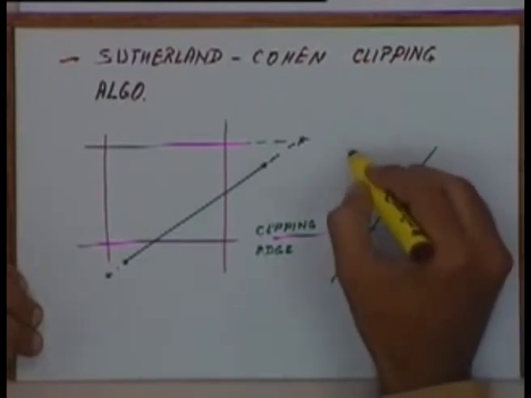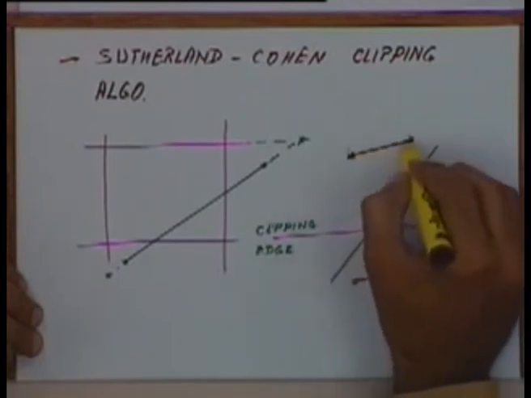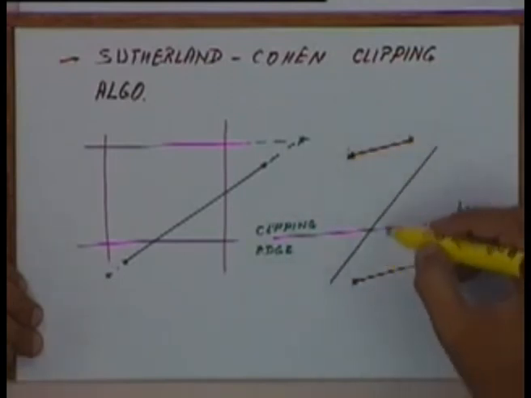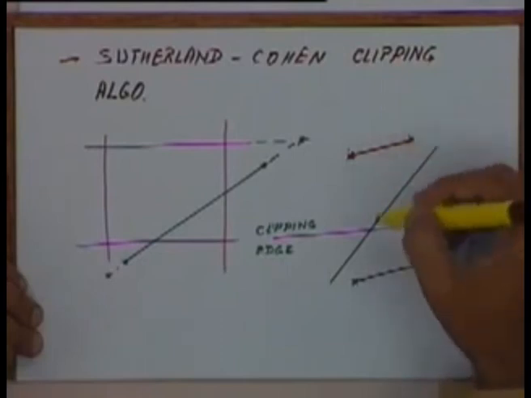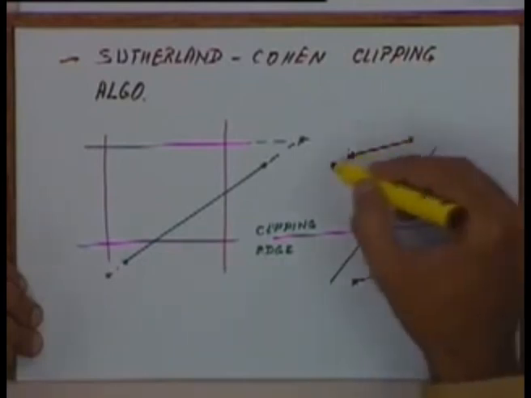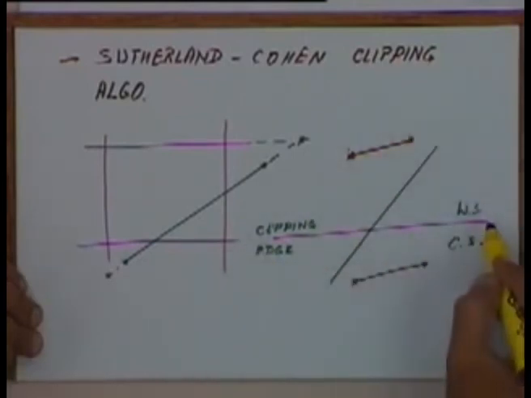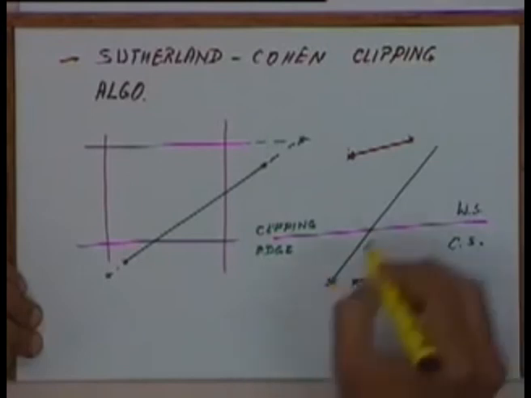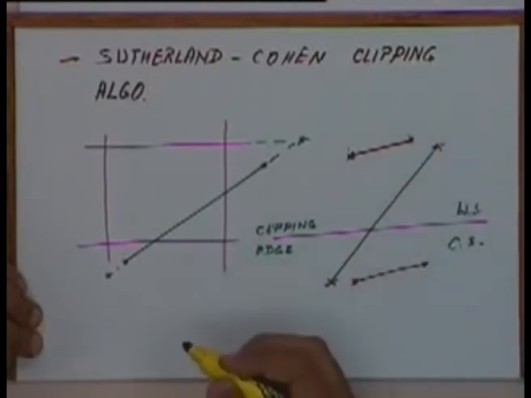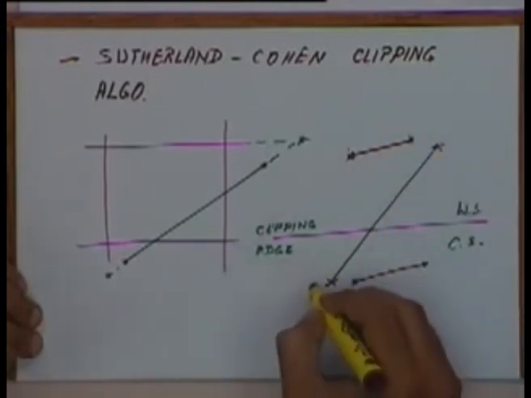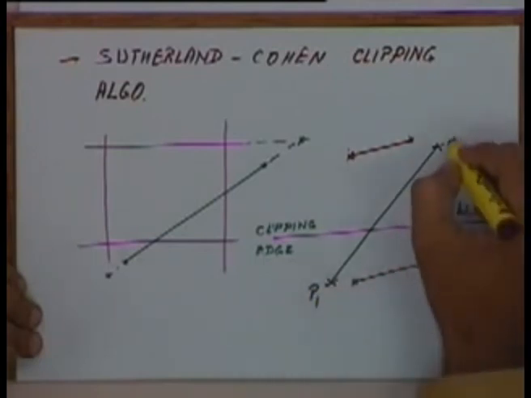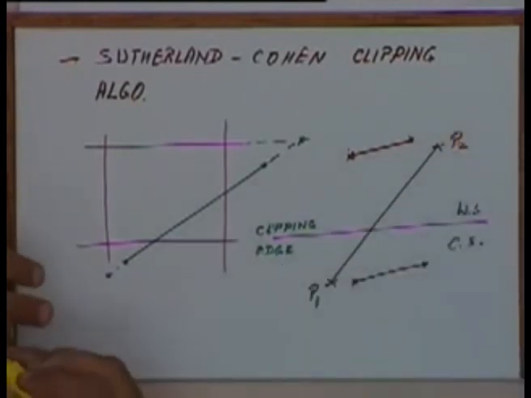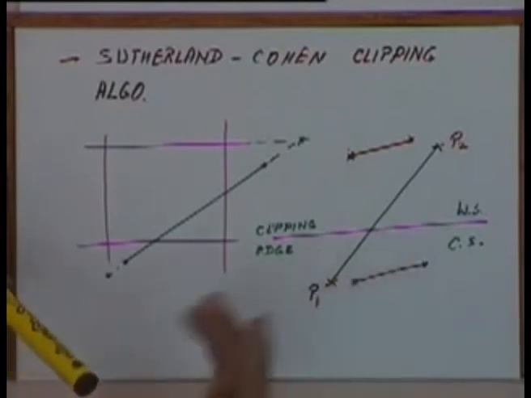Similarly, if I have a line segment which has both its endpoints on the wrong side, even then no clipping has to be performed with respect to this edge. Only when I have one endpoint on one side and the other endpoint on the other side, say P1 on the correct side and P2 on the wrong side, only in that case do I need to perform the clipping.